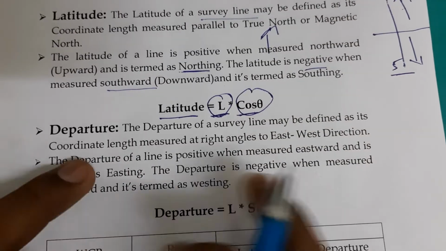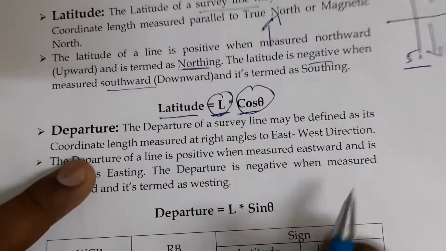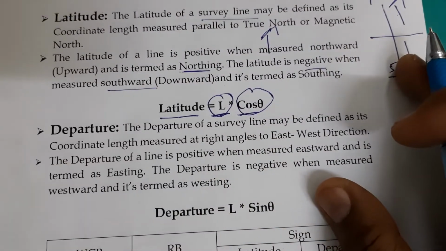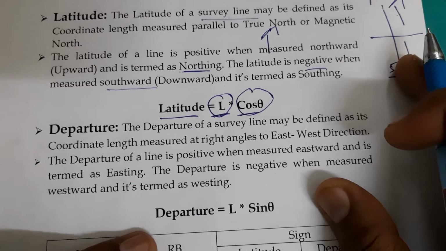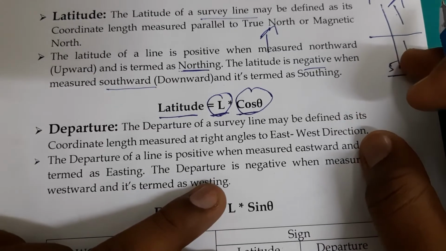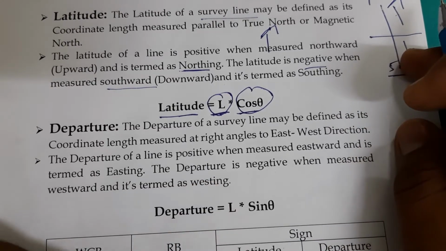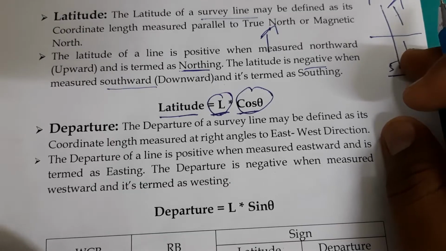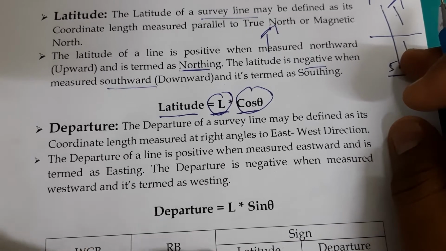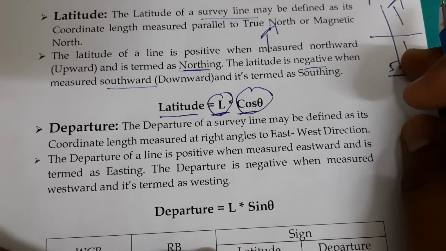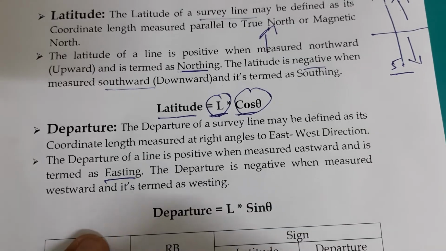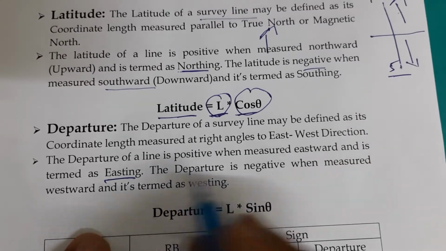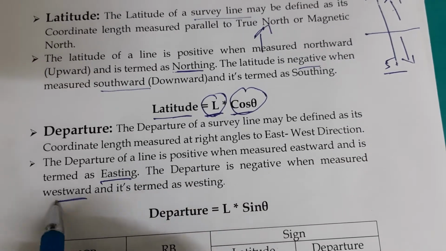Then the next one is departure. The departure of a survey line may be defined as the coordinate length measured at a right angle, toward the east or west direction. The departure of a line is positive when measured eastward and is termed easting. The departure is negative when it is measured on the western side.